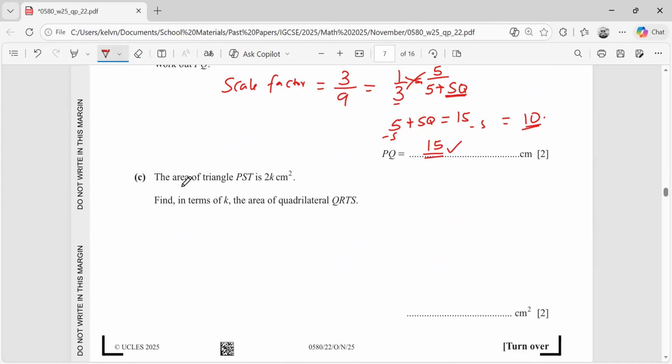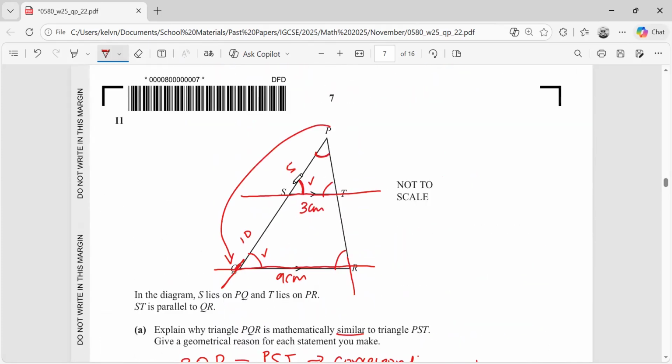Now, we're told the area of triangle PST is 2k centimeters squared. So that's the smaller triangle, I believe. Let me just get rid of this.